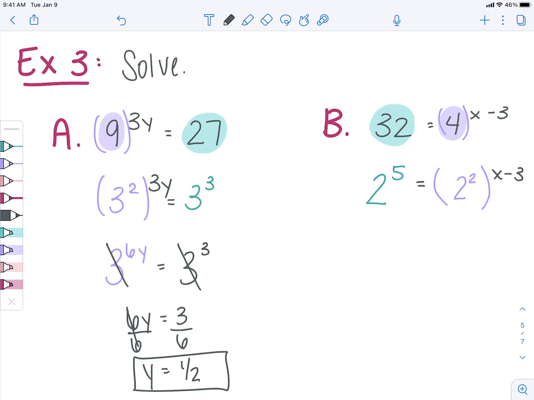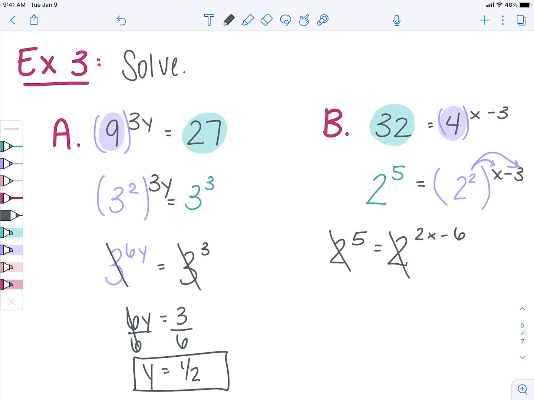Now I know I've got to multiply these exponents, so basically what I'm doing when I multiply is distributing to both of these. So I really have 2 to the 5th equals 2 to the 2x minus 6.